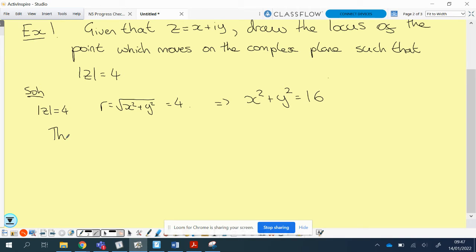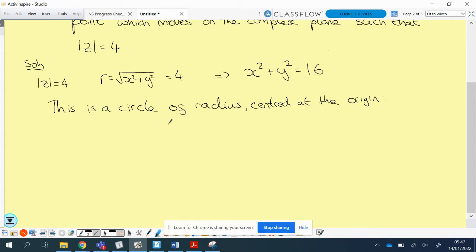This is where it goes a bit haywire for me. So this is a circle of radius 4, centred at the origin. Obviously your sketches will be a lot better than my bad ones.